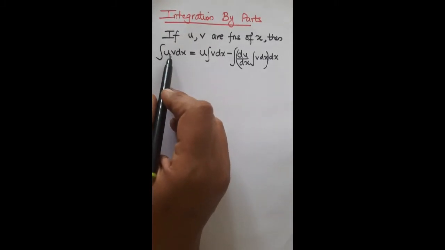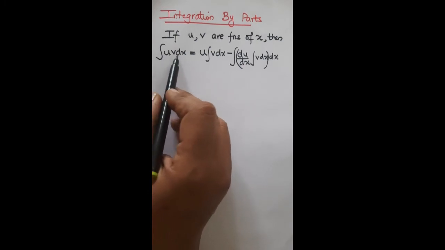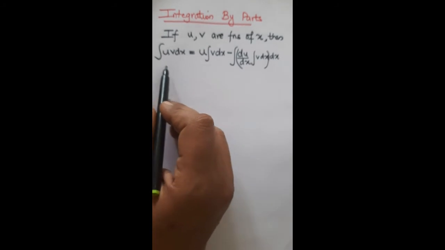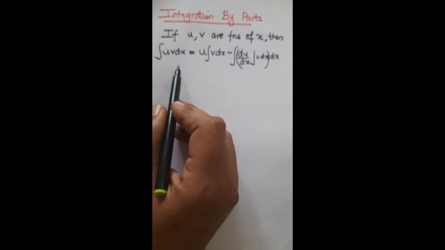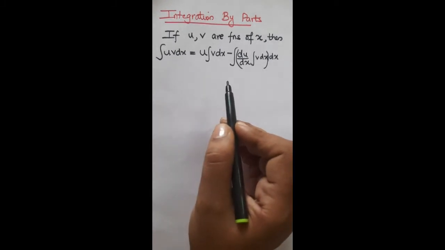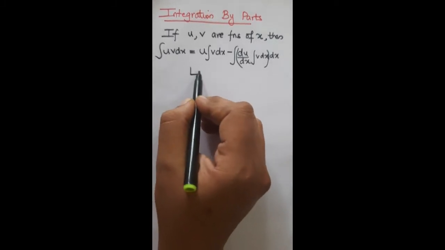Now how do we decide which function should we choose as the first function and the second function? The order in which two functions are to be taken as first function and second function is according to the serial order of the letters of the word LIATE.